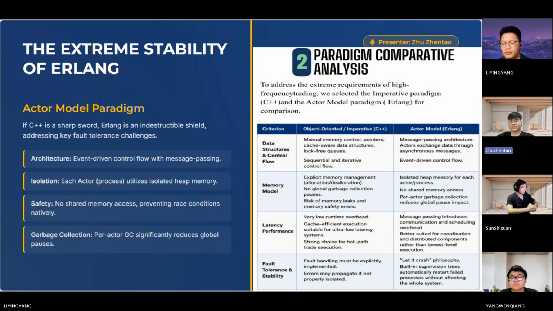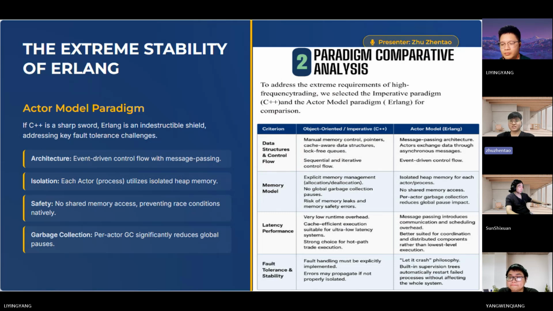Erlang is different. Erlang focuses more on stability and fault tolerance. Erlang uses the actor model. Each actor works like a small independent worker, and each actor has its own job. They do not share memory directly. Instead, they send messages to each other, and this makes the system safe and easier to control.